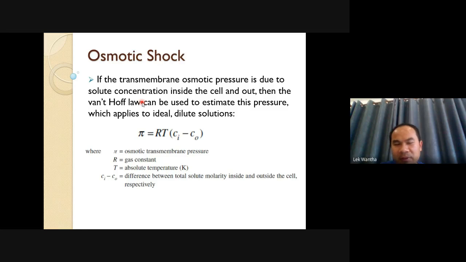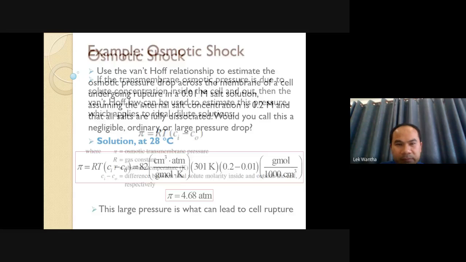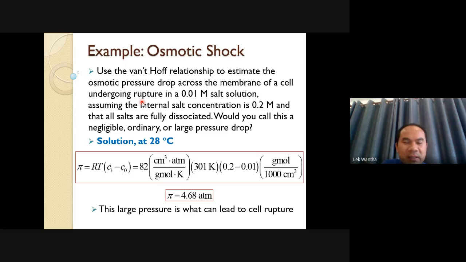For this case, we can mostly assume Co is zero. Like for this example, we can use the Van't Hoff relation to estimate the osmotic pressure across the membrane in a 0.01 molar salt solution.